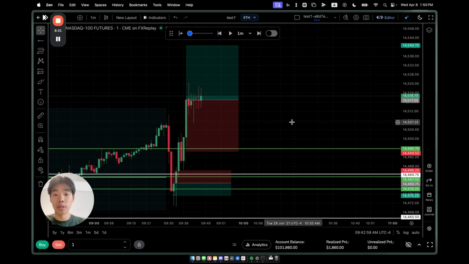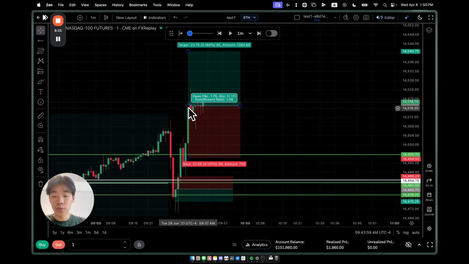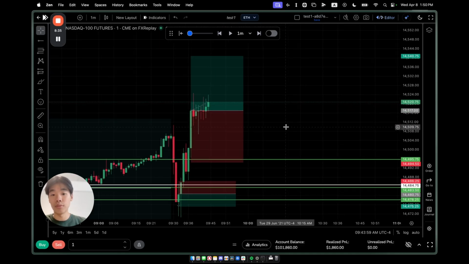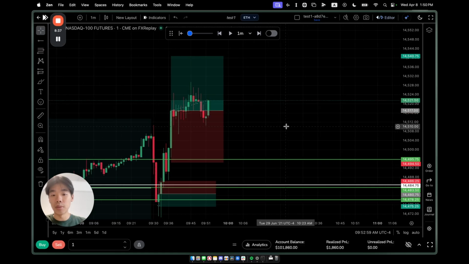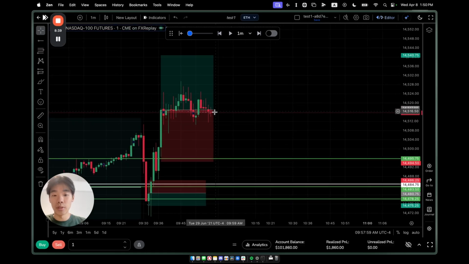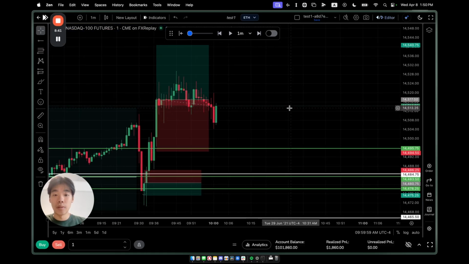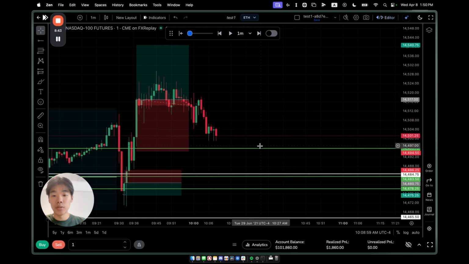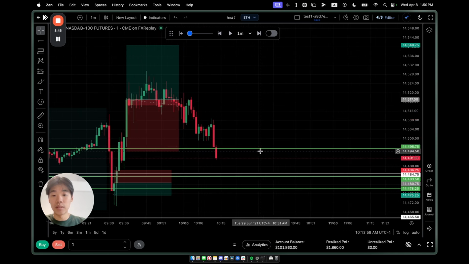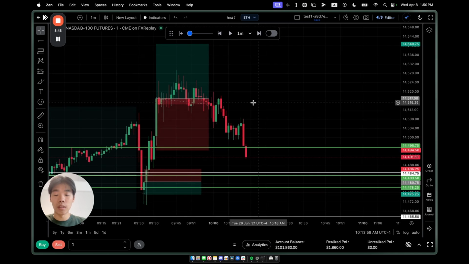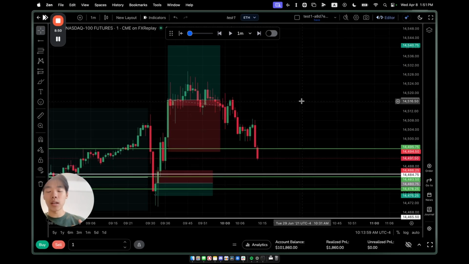And look at the chopping here. After all this chop, I would take this trade off, to be honest. Even if it hits TP, I don't really care. I don't like this chop at all. What does it do? It hits stop loss, right? I would have taken it off after all this chop, because the type of trading I want is continuation. My trade idea is correct if it continues to go in that direction cleanly.